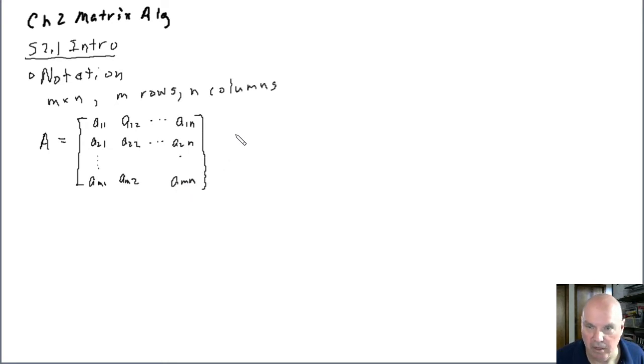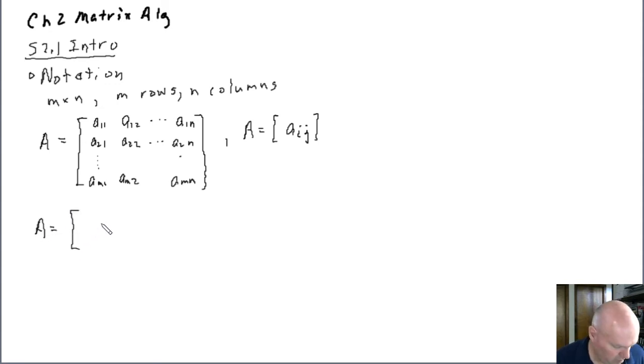And the other way, kind of a shorthand notation, is we'll sometimes use this notation that A is made up of all of these elements, Aij. So, a simple example here, just to put numbers. Here's an arbitrary matrix, 1, 2, 3, 4, 5, 6.